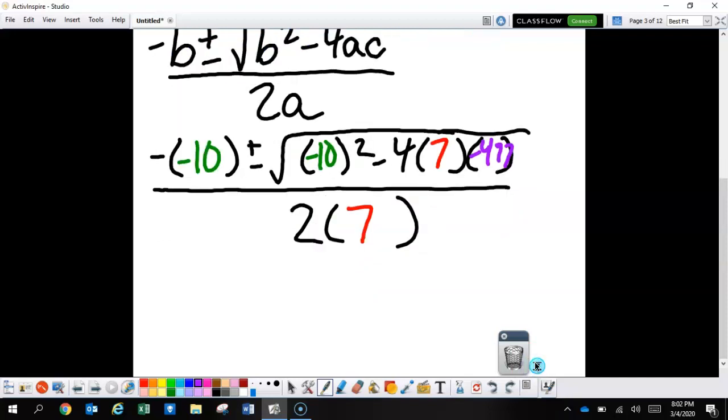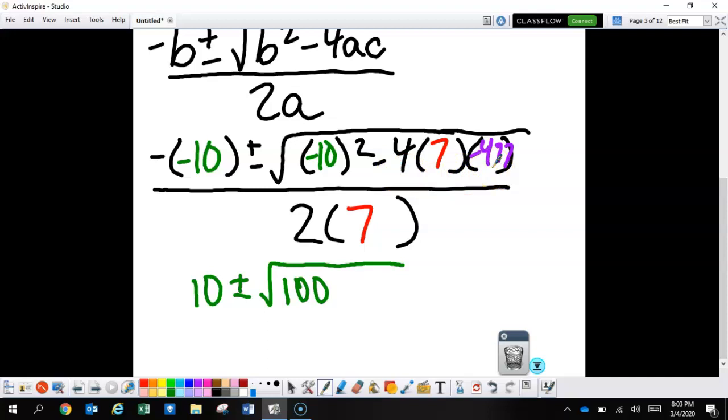Okay, so negative 10 right here is going to be turned into a positive 10, but I'm not going to write the positive, I'm just going to write the 10. Then it's plus or minus the square root, negative 10 squared, so that's negative 10 times negative 10, which is positive 100. And then 4 times 7 times 477.